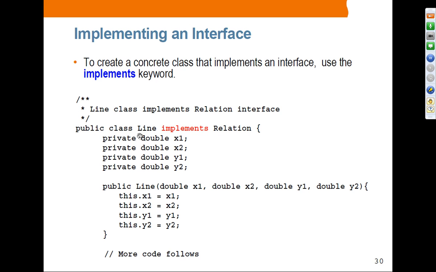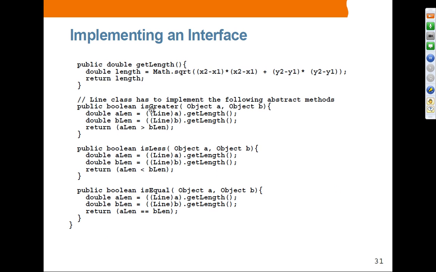So in this case, a concrete class implements the interface, in this case relation. This concrete class has to implement all methods of the relation interface, so it should implement is greater, is less, and is equal. If the concrete implementation class did not implement all abstract methods of that interface, then that's a compile error.